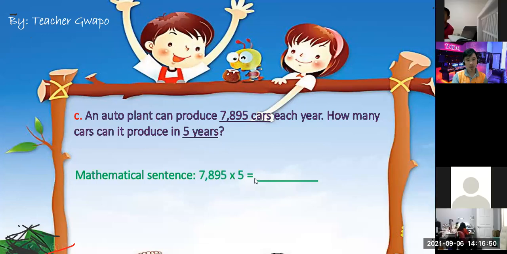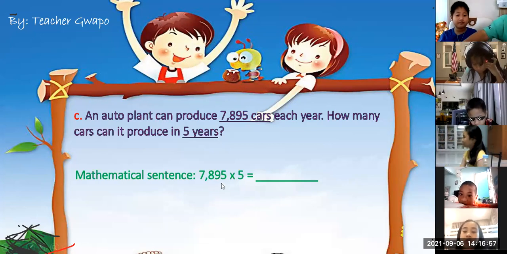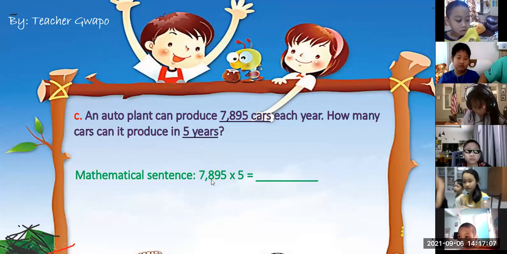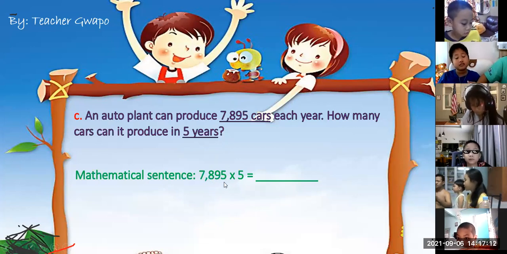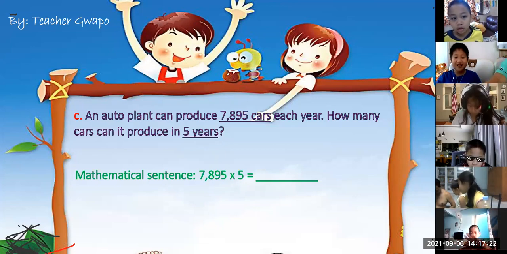So the mathematical sentence here is 7,895, the number of cars the auto plant can produce in 1 year, times 5, because 5 years. The question here is how many cars it can produce in 5 years.